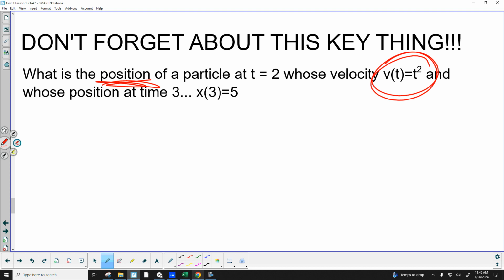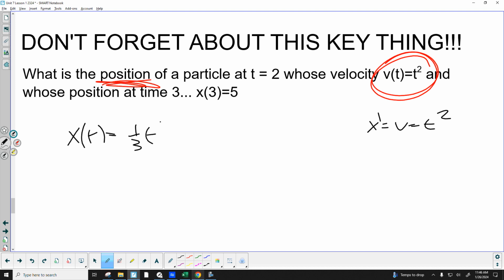Ah, you're nailing it. Oh, V is just an X prime. It's just a fancy physics word because it's easier to say than the rate of change of position. So instead of saying rate of change of position all the time, I'm going to say velocity. Instead of rate of change of the rate of change of position, I'm going to say acceleration. You just got to know that your position is your antiderivative.